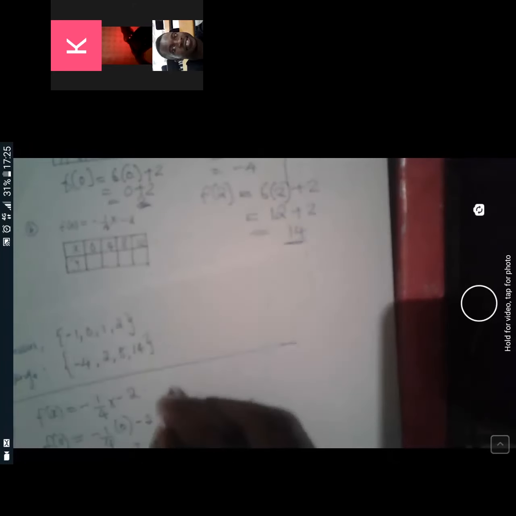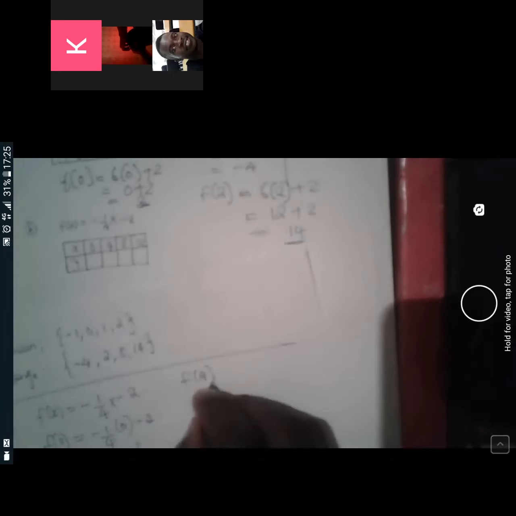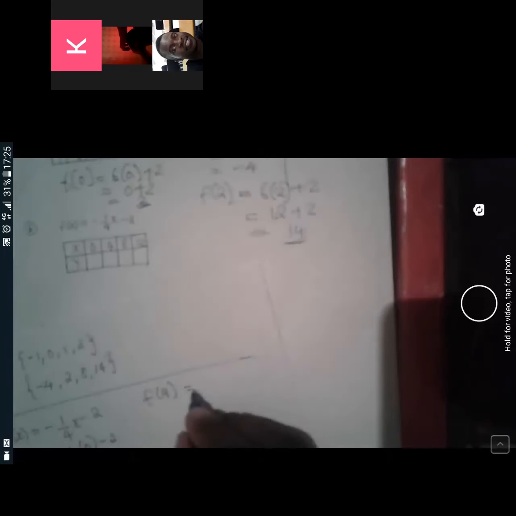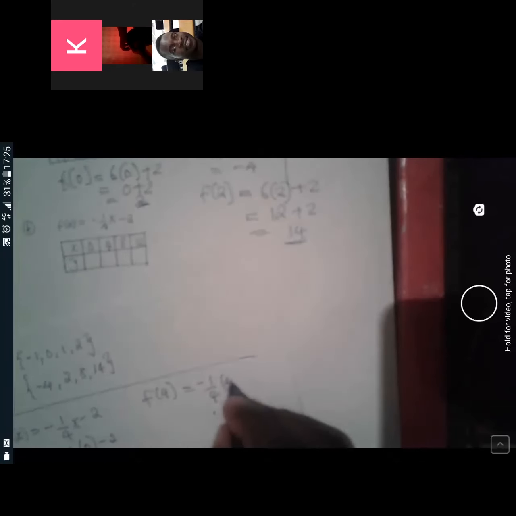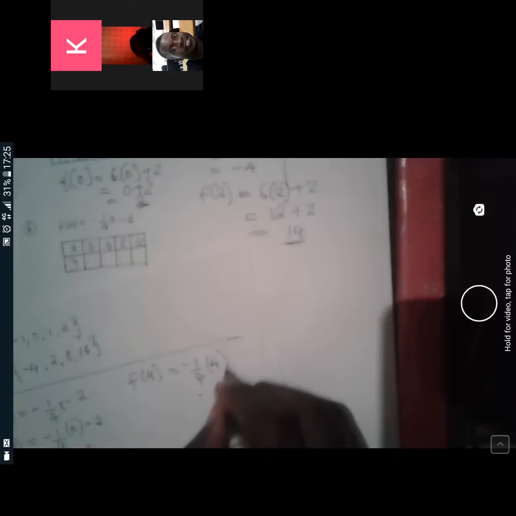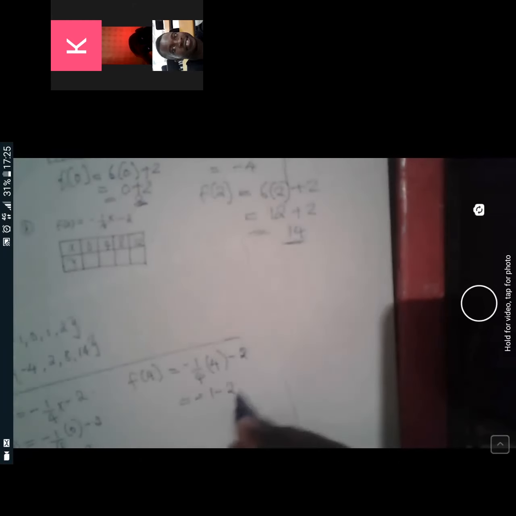And then for the second value, we have f of 4, which will give you -1/4 times 4, then minus 2. So what is -1/4 times 4? You get -1, minus 2. Then you are going to get -3 there.